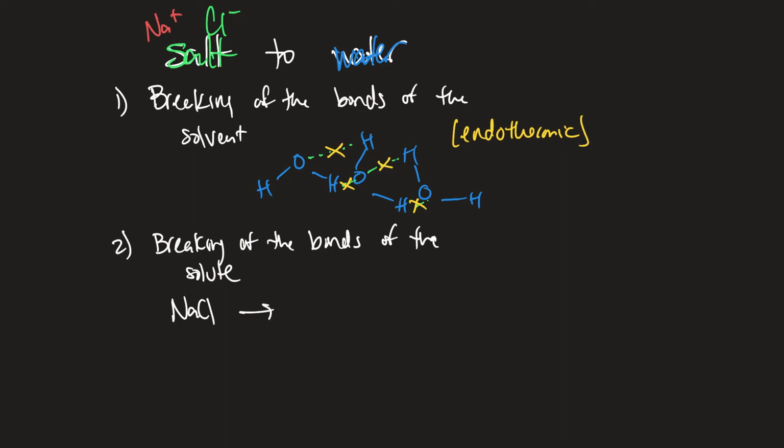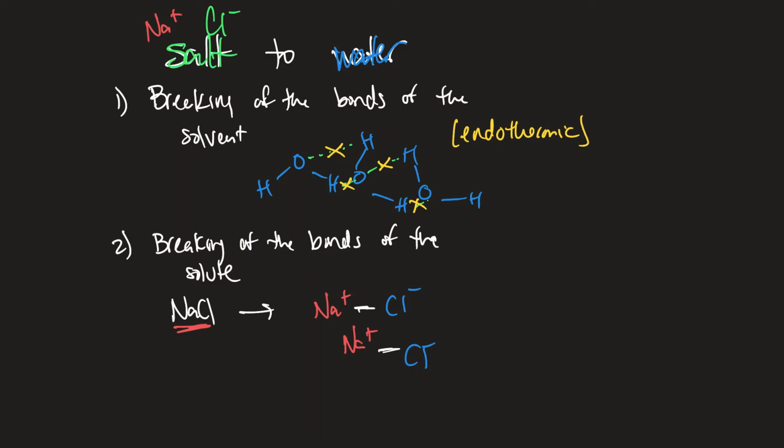Now when you put it into water, what we notice is that it breaks into its respective ions, and so you have Na+ and Cl-. We're just going to have a bunch of Na+ and Cl-. So you're breaking these ionic bonds so that it becomes its respective ions.